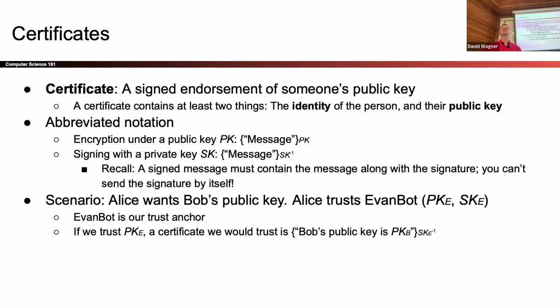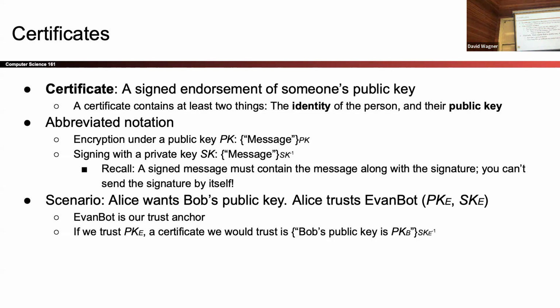And if we all trust Evan-bot implicitly and absolutely, Evan-bot is completely trustworthy, Evan-bot knows everyone's public key, and if we know Evan-bot's public key, then we can verify the signature. So we can verify that this message really was endorsed by Evan-bot, because no one else knows Evan-bot's private key.